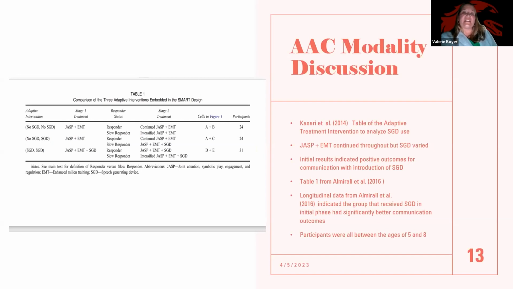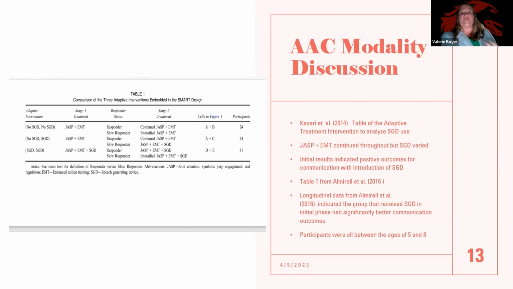In the secondary study by Almirall, which again is where this table is taken from, they looked at longitudinal data. So they went back to these kids later on to see how things were going in terms of communication. And they found that the group that had the SGD from the beginning had better long-term communication outcomes than the groups that either didn't have the speech generating device or had the speech generating device added later.